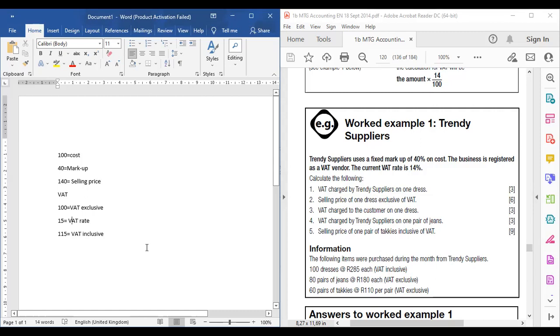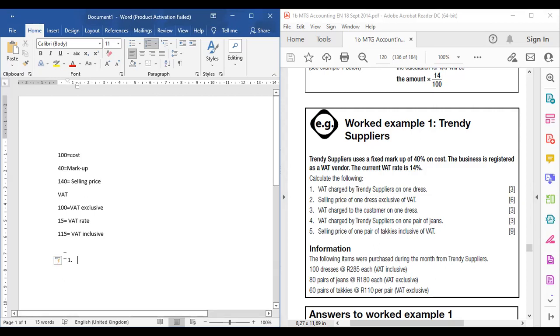Okay, and then they are saying calculate the following. Number one, VAT charged by trendy suppliers on one dress. Selling price of one dress exclusive of VAT. VAT charged to the customer on one dress. VAT charged by trendy suppliers on one pair of jeans. Selling price of one pair of jeans exclusive of VAT.